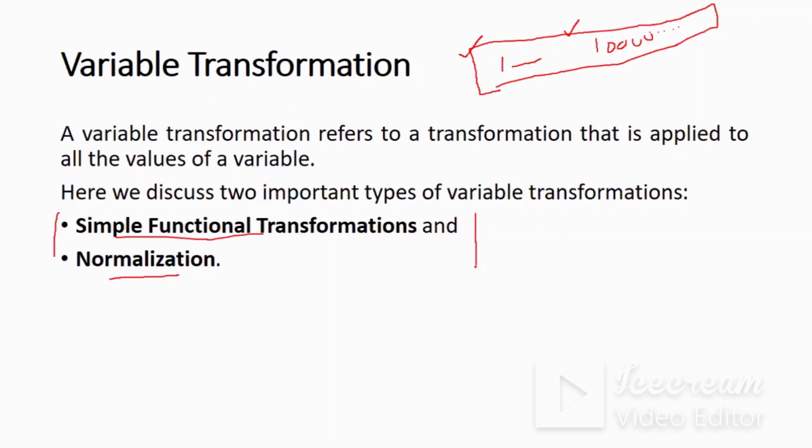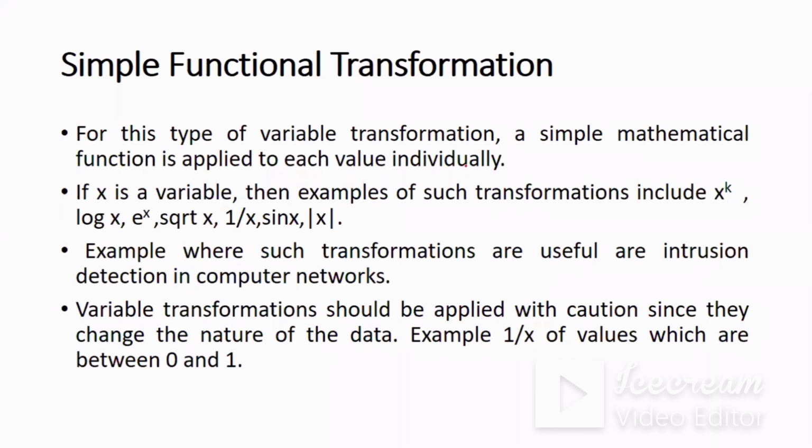So we'll be discussing two different transformations. Number one is simple functional transformations, and number two is normalization or standardization. Coming to the simple functional transformation, a simple mathematical function is applied to each value individually.